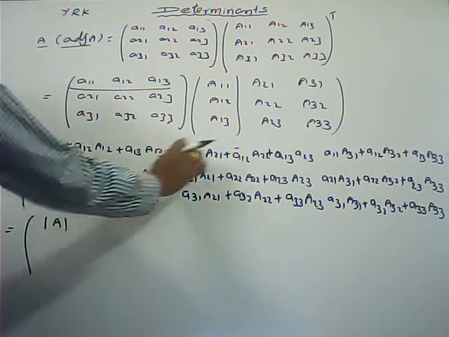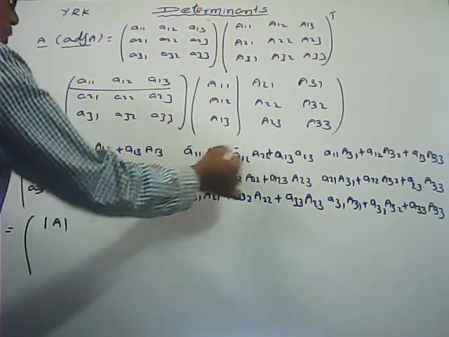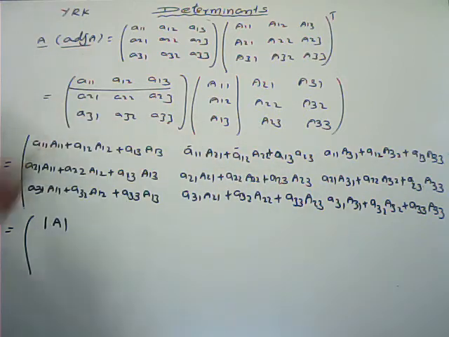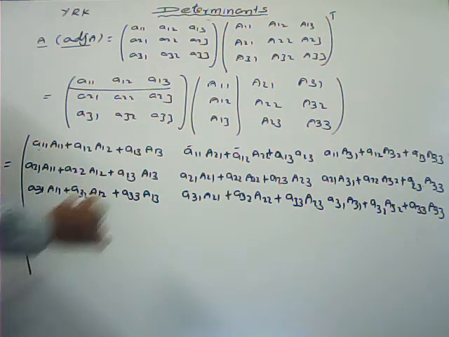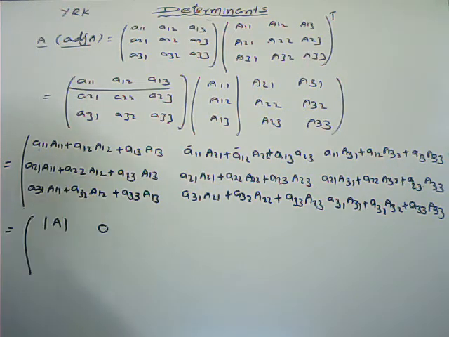So the sum of the product of the elements of the first row with the corresponding cofactors of the second row is equal to 0.